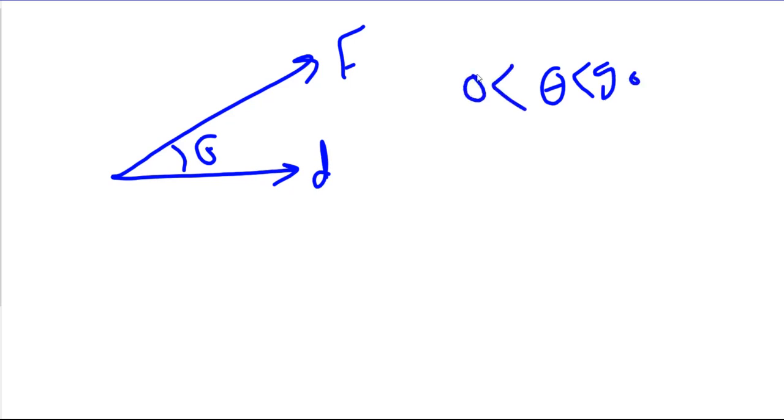Work done is positive because the angle between the direction of the acting force on the body and the displacement is less than 90. So cosine is a positive value. Remember the ASTC rule. Here all trig functions are positive.